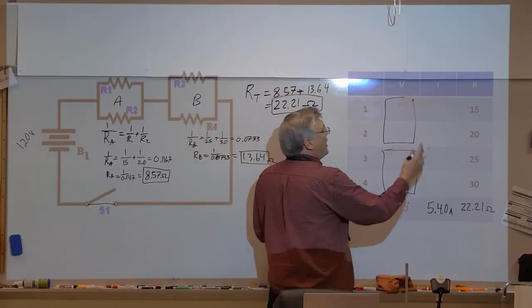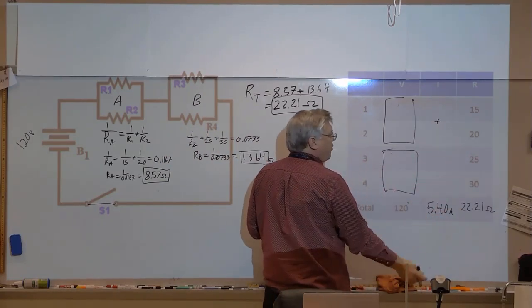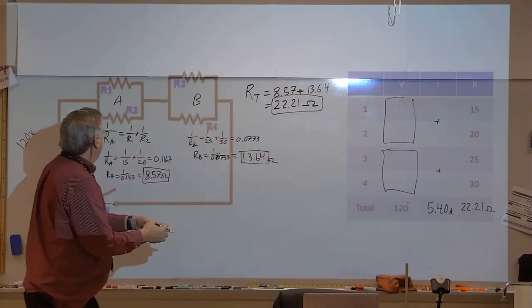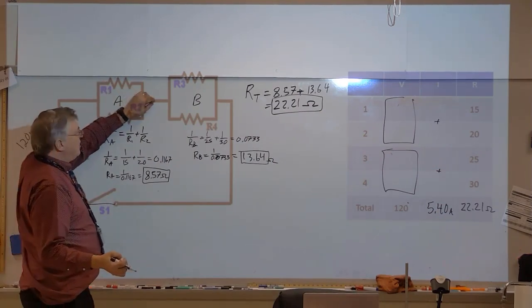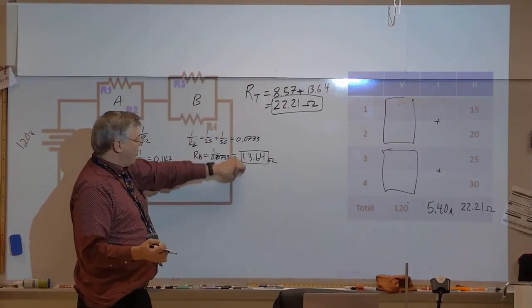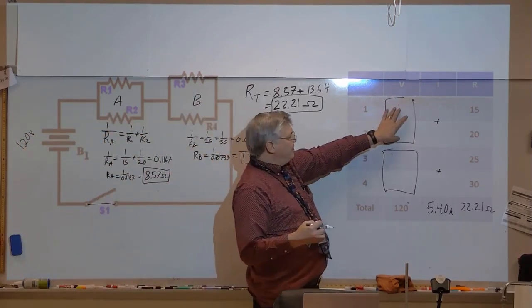And also that these two have to add up to 5.4, and that these two have to add up to 5.4. Because the 5.4 amps is coming from the battery, and it splits, and then it comes together, and now it's 5.4 again, and then it splits, and it comes together, it's 5.4 again, and goes on back to the battery.